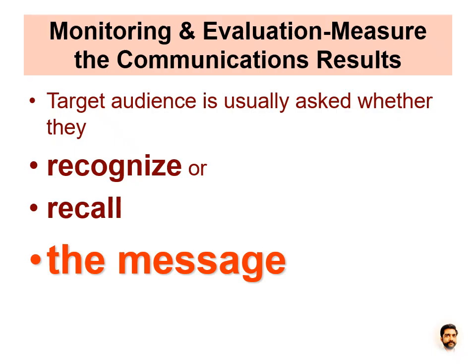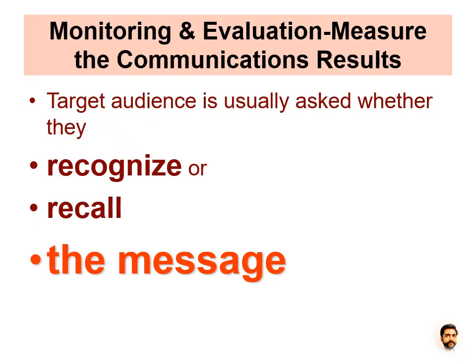The last step is monitoring and evaluation, or the measures of the communication results. After the communication campaign is planned and designed, we need to think about how we will monitor and evaluate the results. The target audience is usually asked whether they recognize or recall the message. In integrated marketing communication, ultimately the most important thing is the communication of the message.